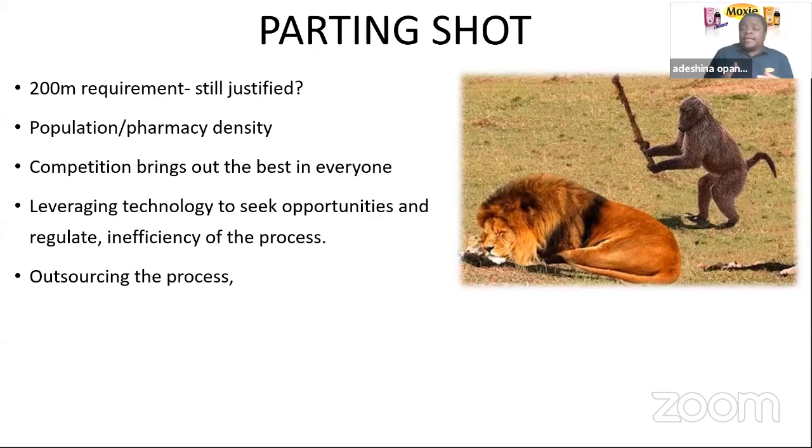Because sometimes I wonder, this should be something we can outsource. Can we get a company, maybe owned by pharmacists who enjoy inspection and everything? Let's set up that company for inspections. So when I call them and I have an inspection, in 24 hours, they can actually come and inspect. I can pay for express. Then they come and inspect and tell me whether it flies. If it flies, I can pay the rent.